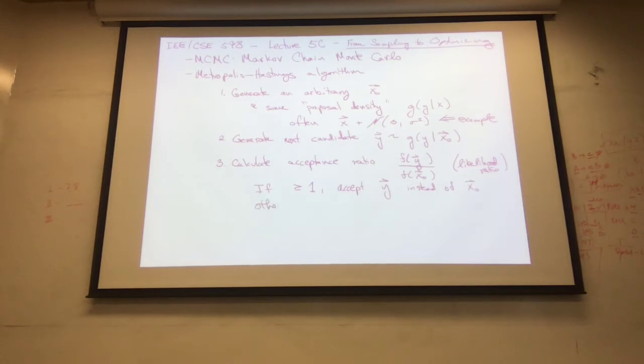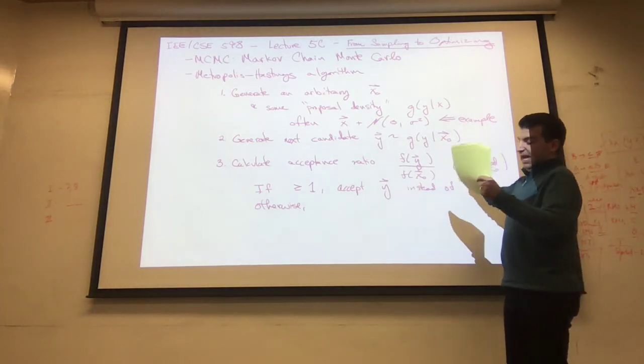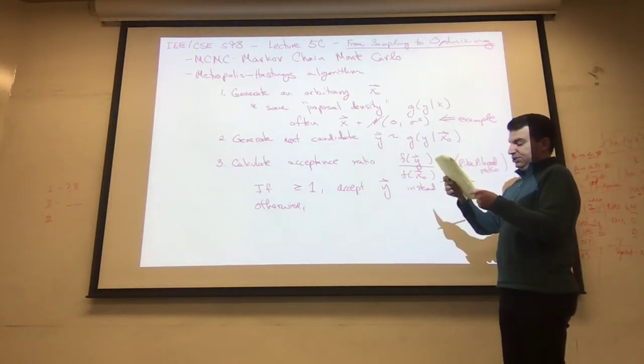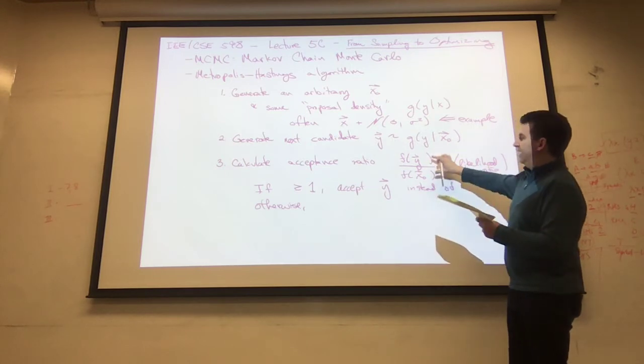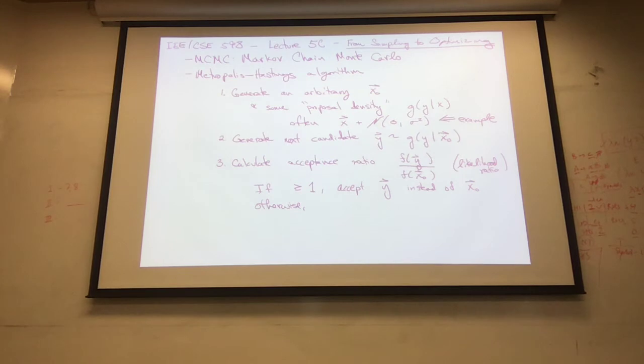Otherwise, you can accept y, but you do it with a probability. So otherwise accept y with probability fy over fx naught.